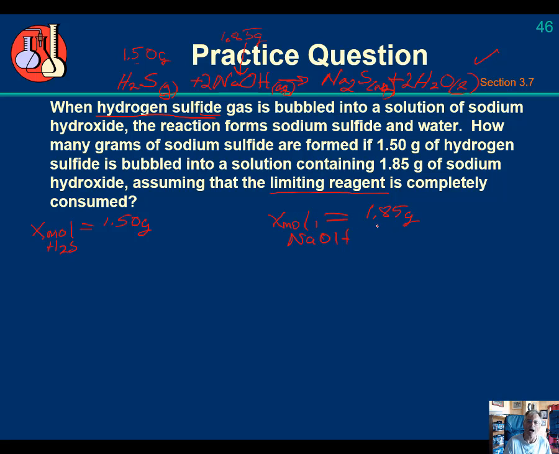Now, here's the deal. A lot of you are going to rush to say, well, I've got only 1.50 grams of the hydrogen sulfide. It must be the limiting reactant. Well, that may not be true because sodium hydroxide may weigh more than the hydrogen sulfide.